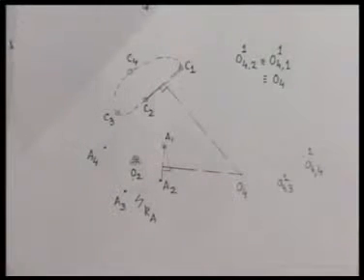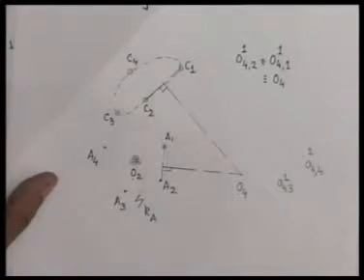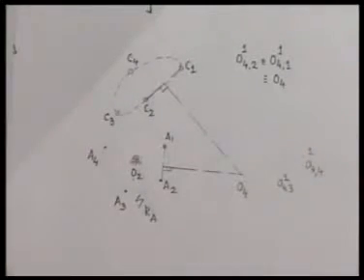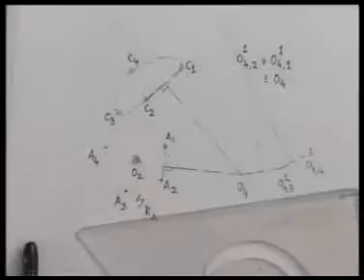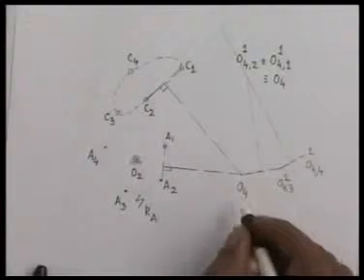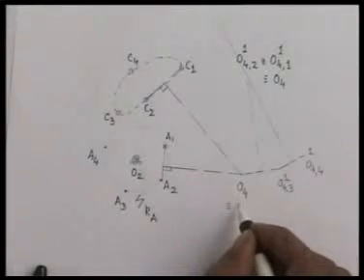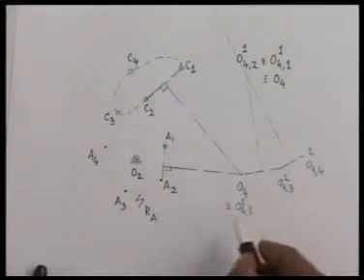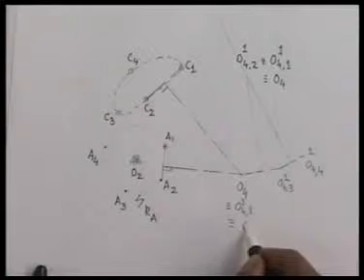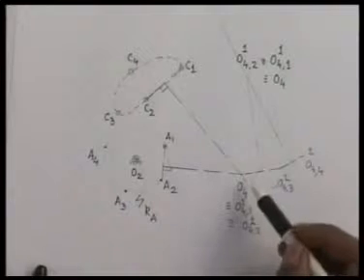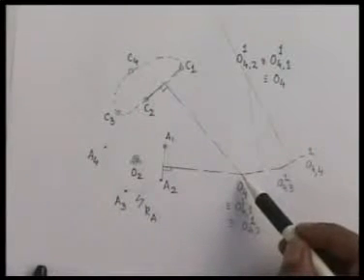Since the coupler was held fixed, the point B on the coupler was not moving, and O4B is a fixed length. O4 moves on a circle, and the center of the circle passing through these 3 points will give me the location of B1. So we have got the 3 inverted positions of O4 as O4, which is the same as O411, and also O421. So there are 3 distinct locations for the 4 inverted positions of O4.